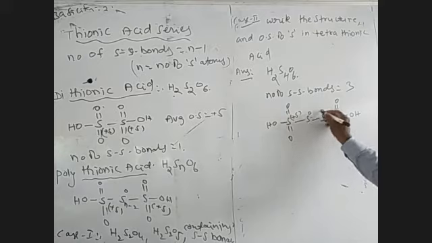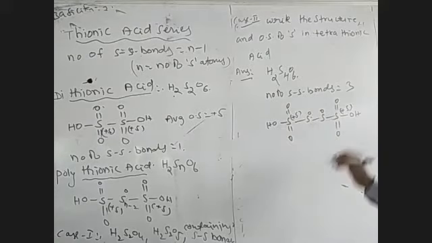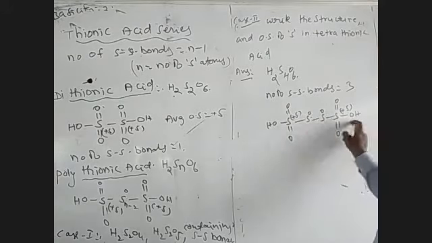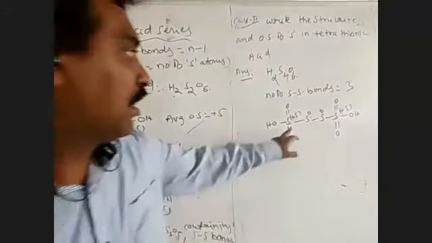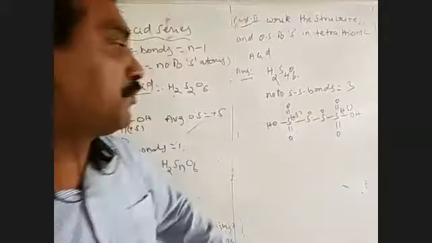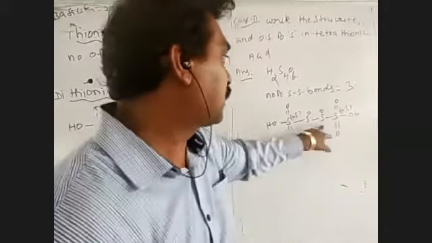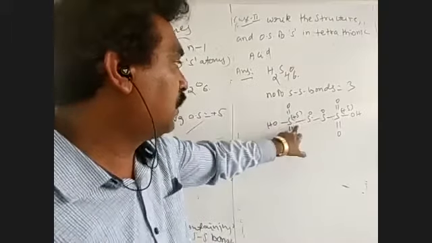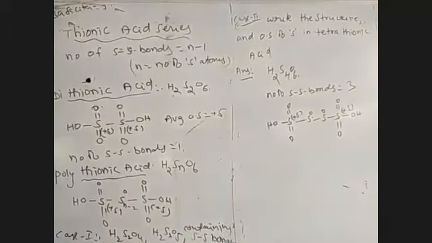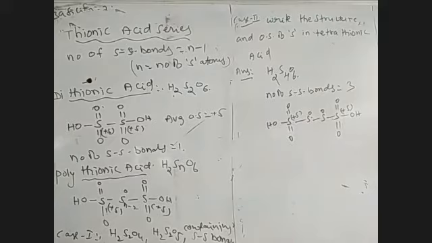This is 0, 0, and this is plus 5. Here, these are called terminal sulfur atoms and these are called middle sulfur atoms. In the terminal sulfur atoms, the oxidation state of sulfur is plus 5. In the middle sulfur atoms, the oxidation state of sulfur is 0. The number of SS bonds is 1, 2, and 3. The number of SS bonds in tetrathionic acid is 3.